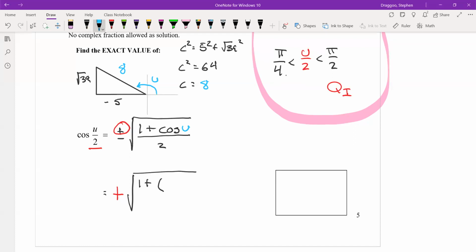Go back to the reference triangle. It's negative 5 over 8, all over 2. I need to multiply top and bottom by 8 to get the square root of 8 minus 5 over 16.